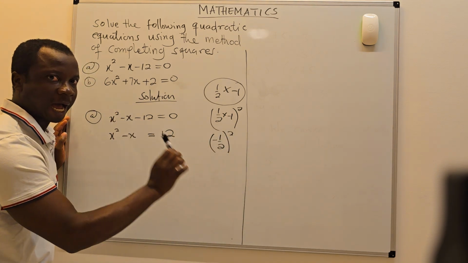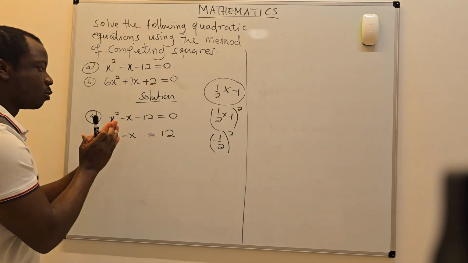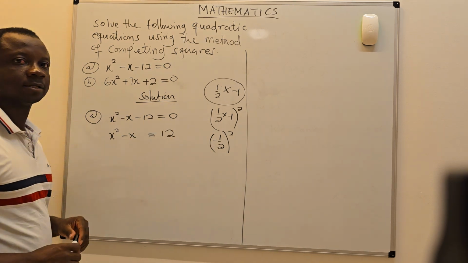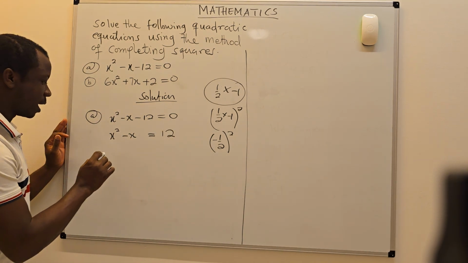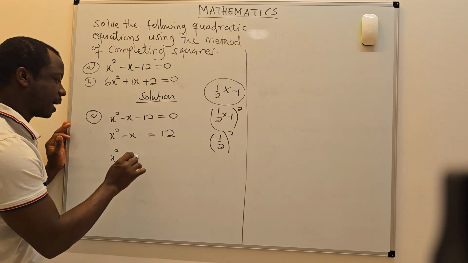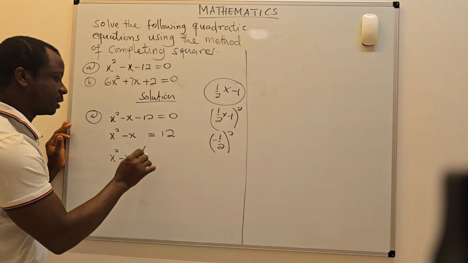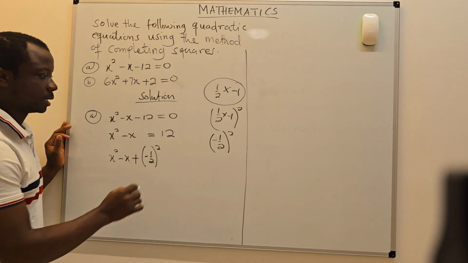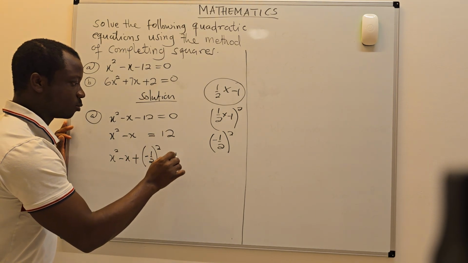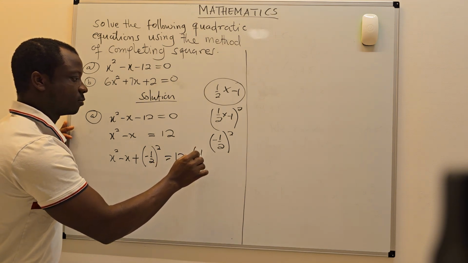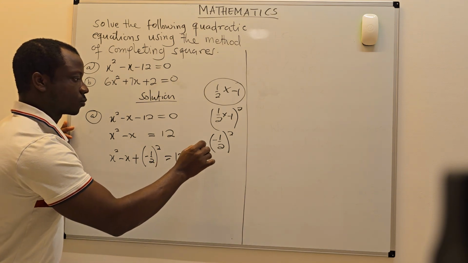We are going to add this result to both sides of the equation, the left side and the right side. So we have x squared minus x plus negative 1 over 2 all squared, equal to 12 plus negative 1 over 2 all squared.